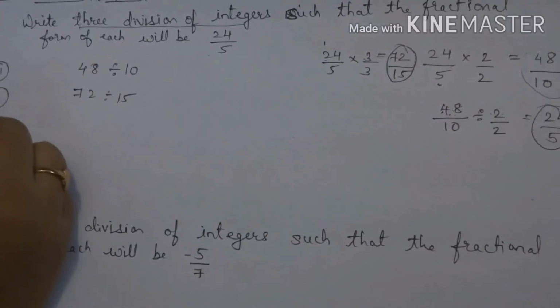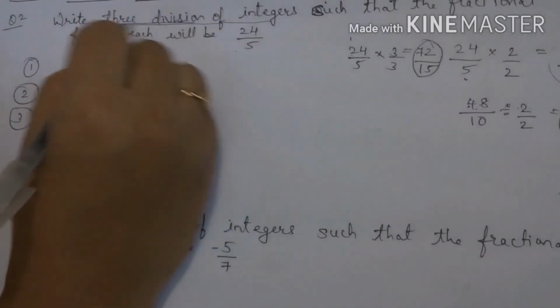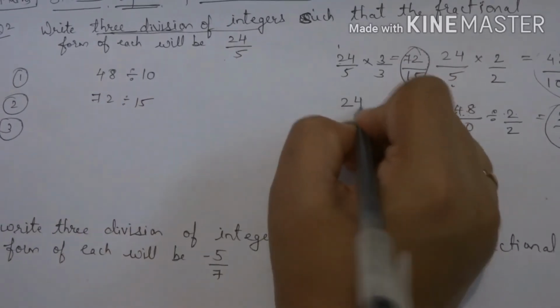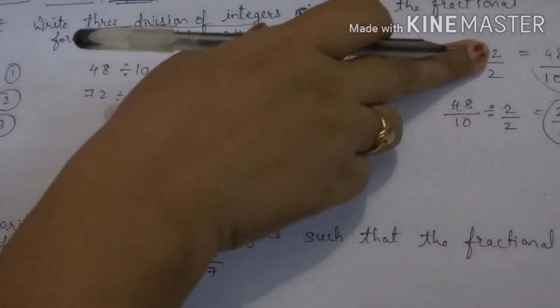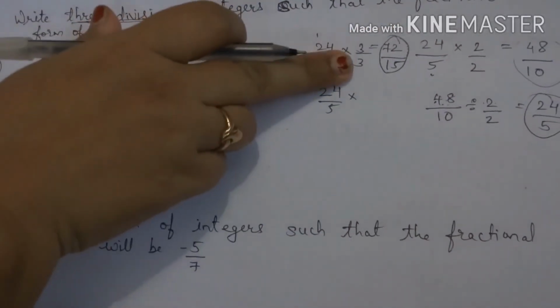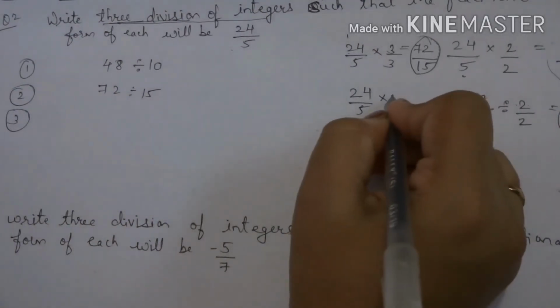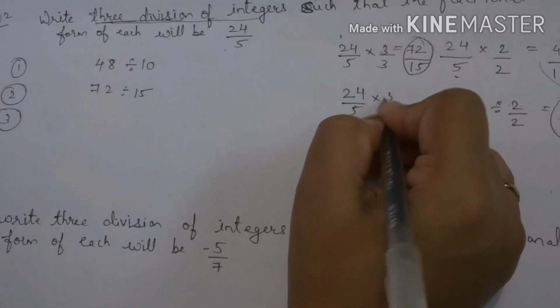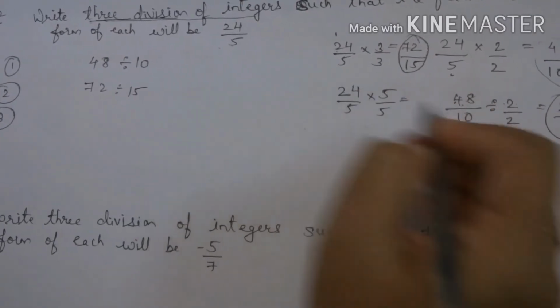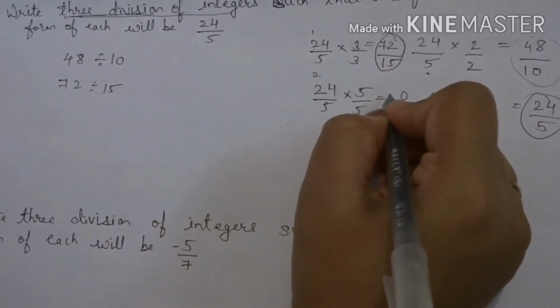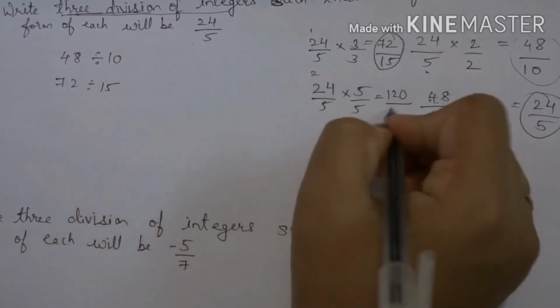Now again one more we want. We want how many? 3. So for getting the third one, you can take the same fraction 24 upon 5. Now we have multiplied first by 2. Second time we have multiplied by 3. You can take any number. Now I am taking say 5. So 24 5s: 5 4s are 20, 5 2s are 10 and 2 is 12, 5 5s are 25.